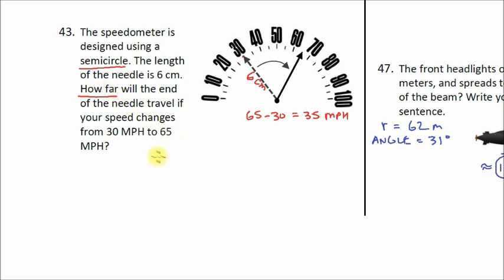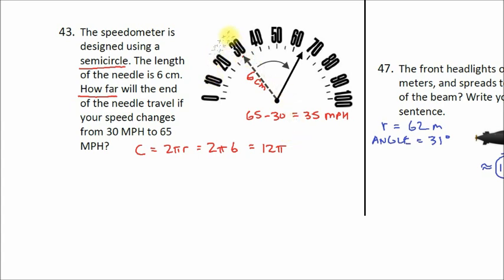If we're looking at how far, we're dealing with arc length, we have to find circumference. Circumference equals 2 pi r, which is equal to 2 pi, and our radius is the length of the needle, which is 6, and that's equal to 12 pi. So there's our circumference.